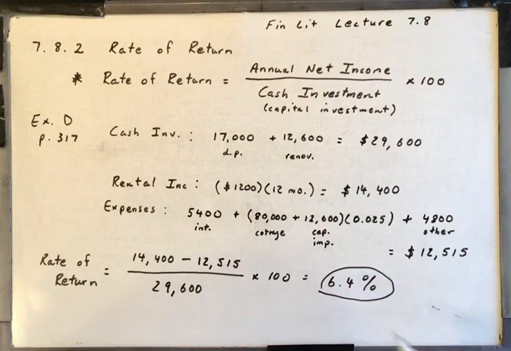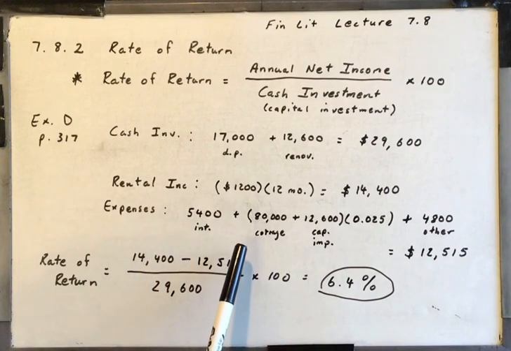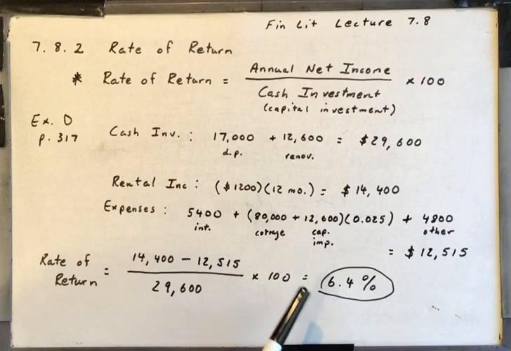All right, now that's the math of it. I don't think 6.4% to me is enough to make the investment. The stock market historically, over a long period of time, returns 10%. That's not every year, but over a long period.